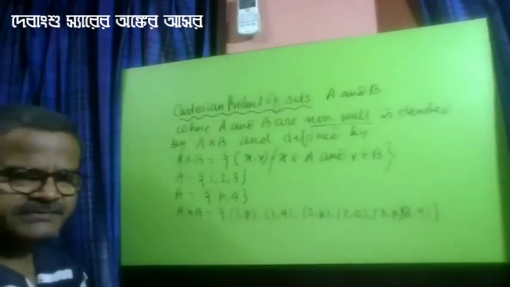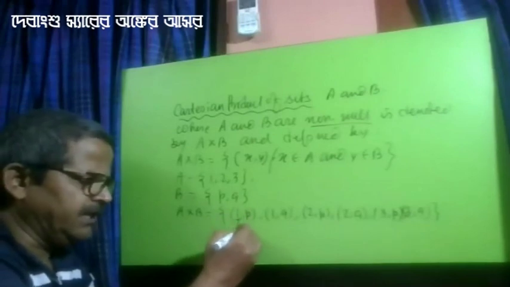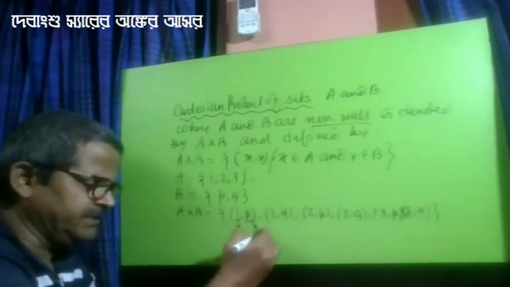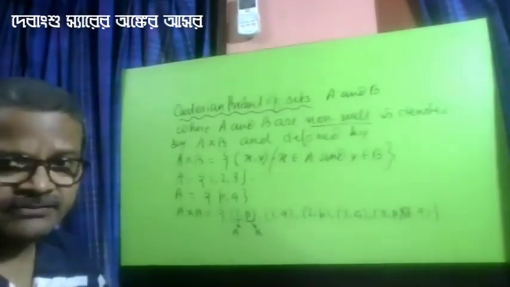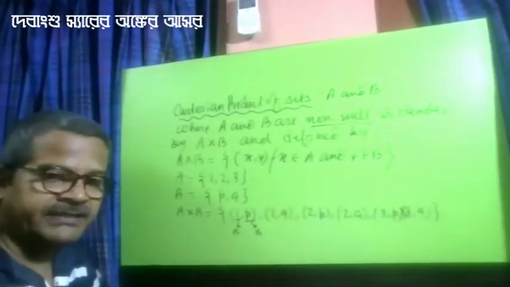Just this. Very easy. The first element will be from A and the second element from B. These are called ordered pairs, Krom Jugmo. This is a set of ordered pairs.